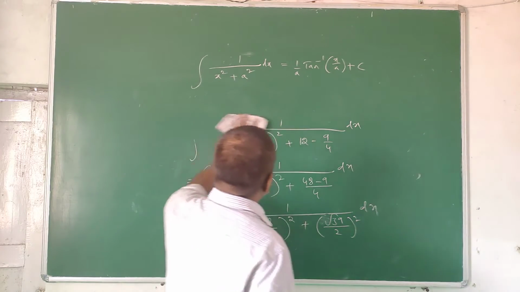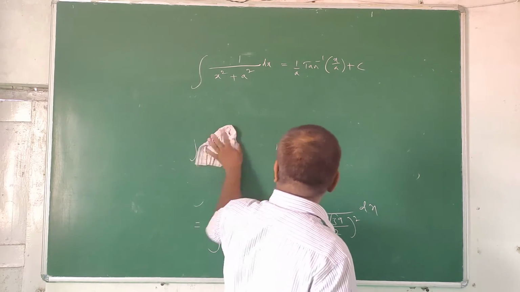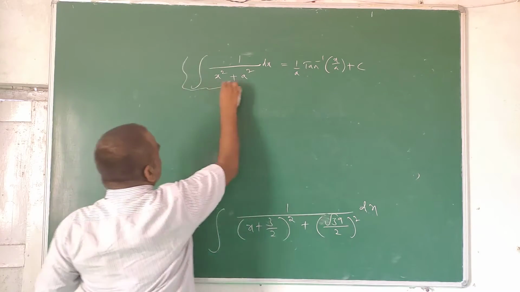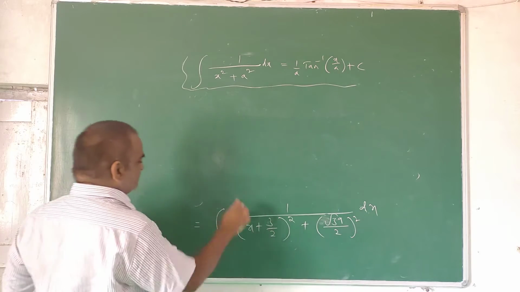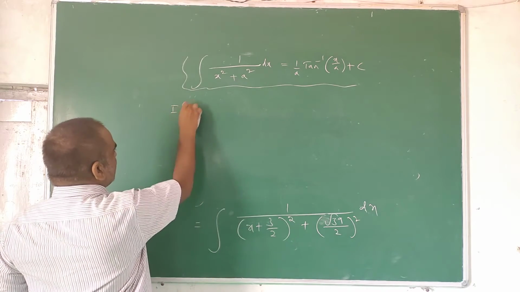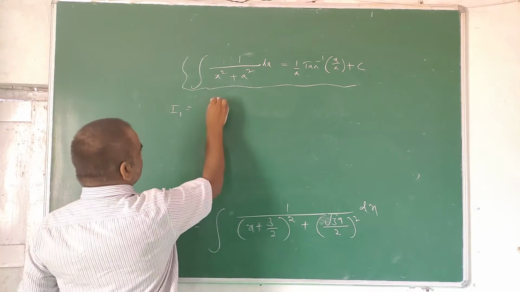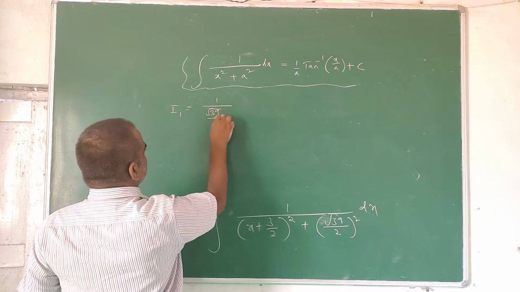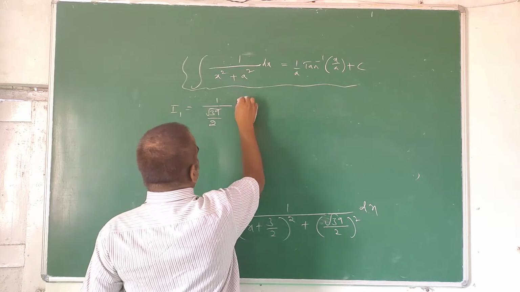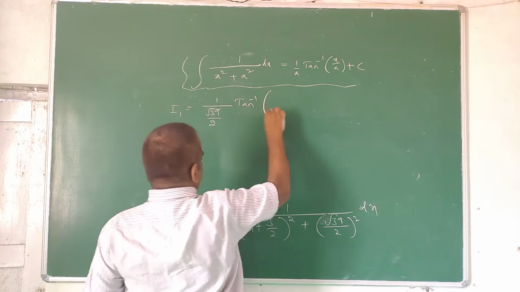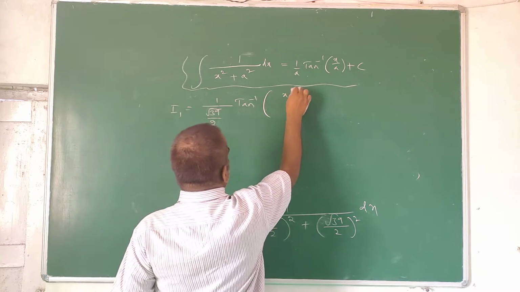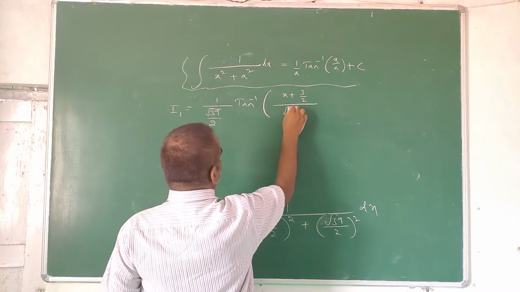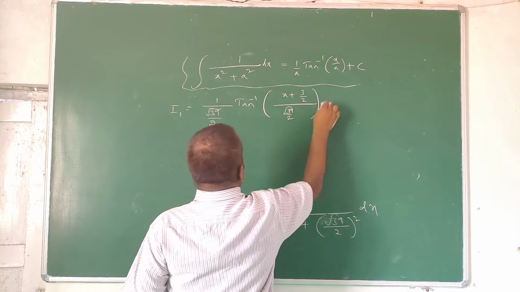So using this formula, I1 results as 1 by a, means 1 by root 39 by 2, to tan inverse x plus 3 by 2, that is x, by a, means root 39 by 2, plus c.